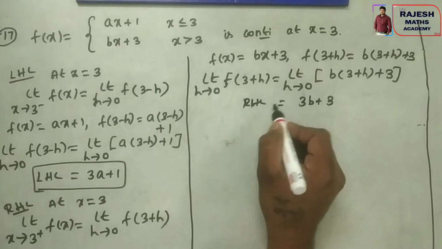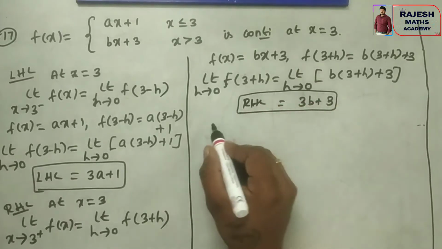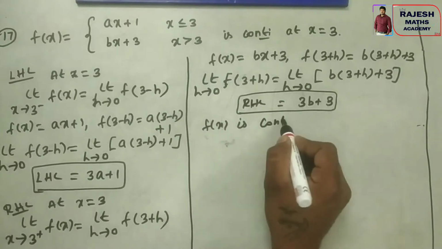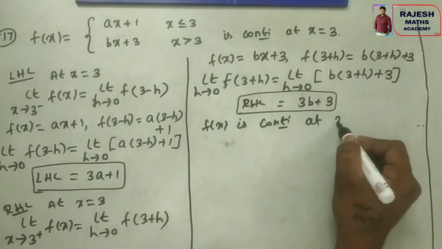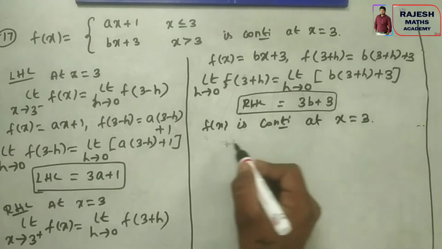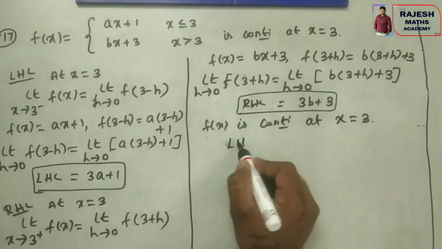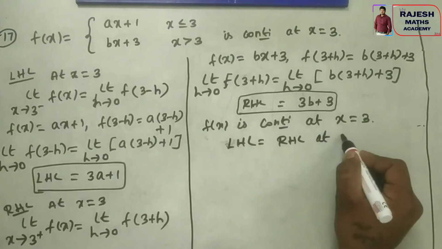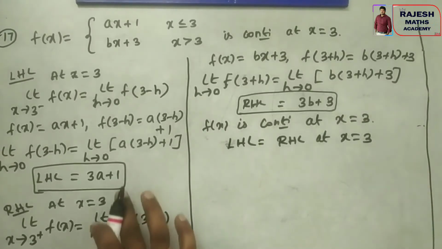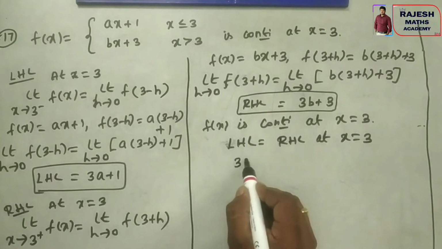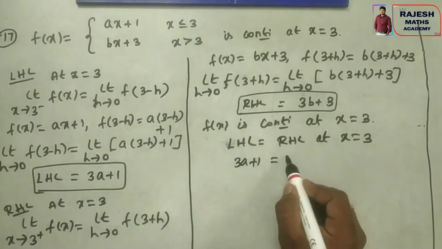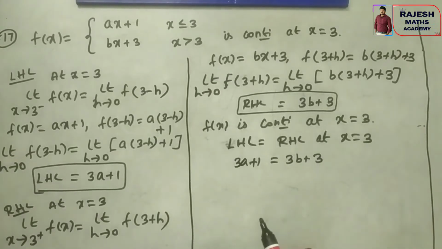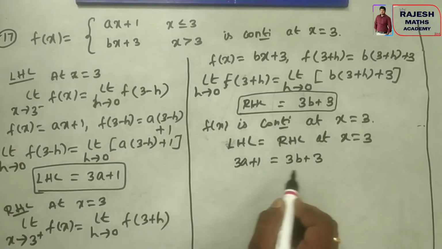So already we know that f of x is continuous at x equals 3. So at the point x equal to 3, LHL is equal to RHL. So I am going to equate 3a plus 1 equals 3b plus 3. Clear? Now I am simplifying this.